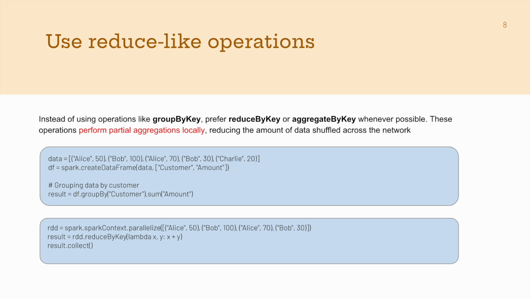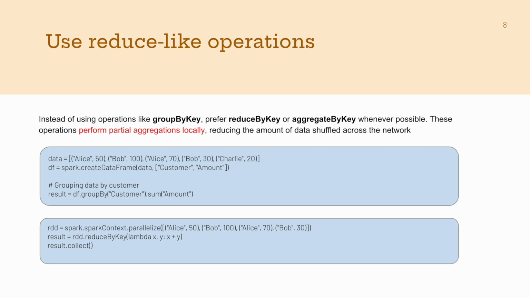Use reduce-like operations. This is the first recommendation I would suggest if you ever encounter a shuffle problem, or you would be encountering the shuffle problem for sure. So instead of using operations like group by key, prefer reduce by key or aggregate by key whenever possible. These operations perform partial aggregations locally, reducing the amount of data shuffled across the network.